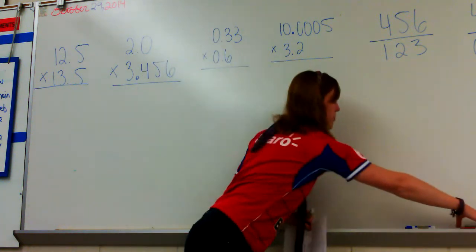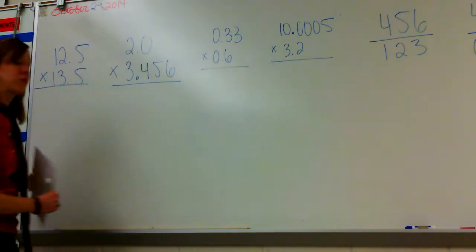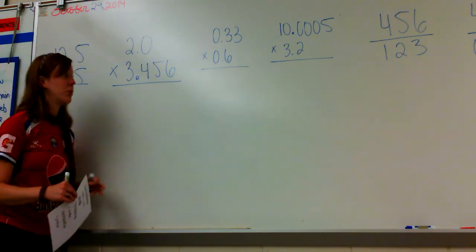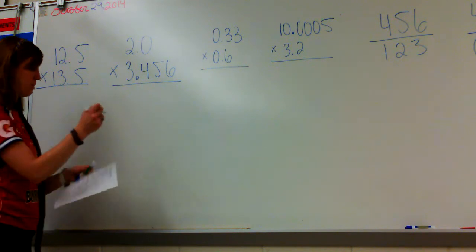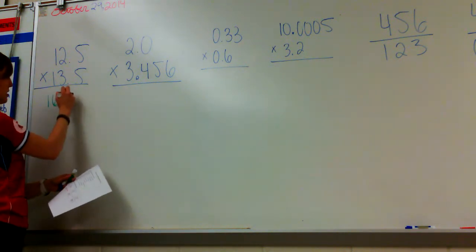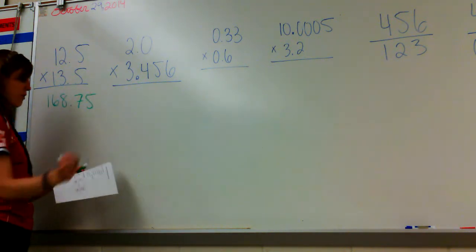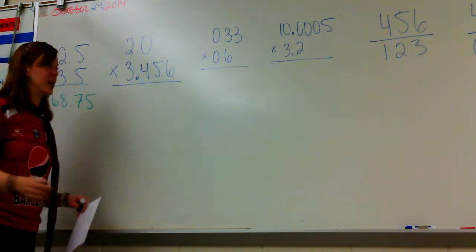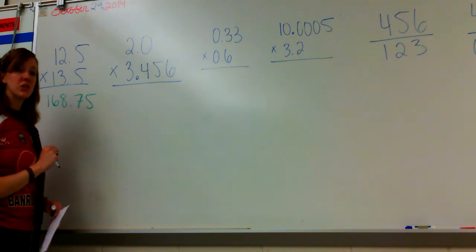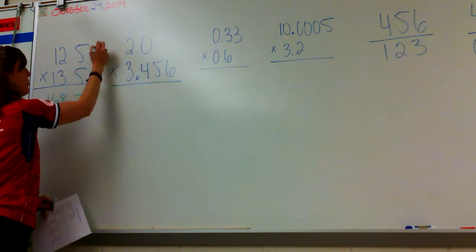So, in 12.5 and 13.5, when I multiply this in my calculator, it told me 168.75. That's what my calculator said. But now I need to use my big brain. How many significant digits are in 12.5?